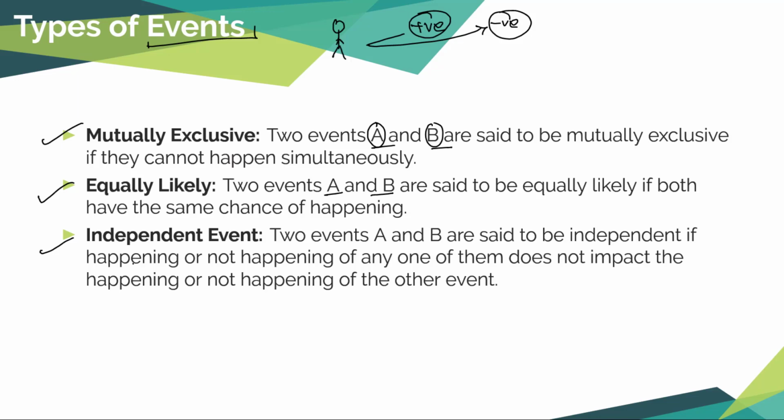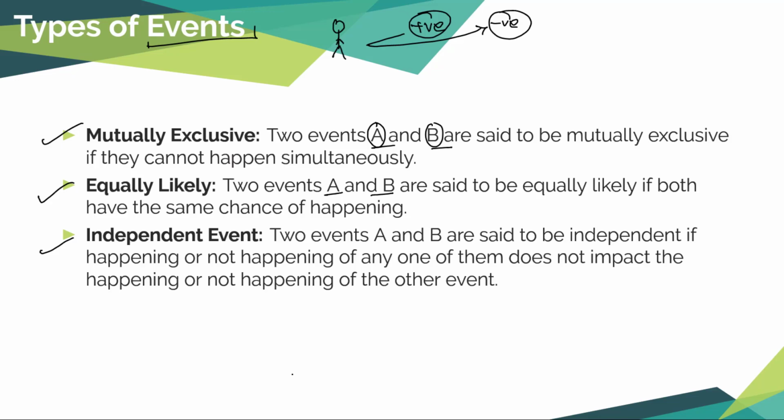Now, two events A and B are said to be independent if the occurrence of A does not impact the occurrence or non-occurrence of B, right? Let's say today it is raining and tomorrow it is a sunny day, right? The rain or not raining today has no relation with the sunny day tomorrow.